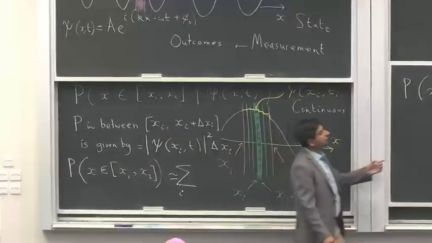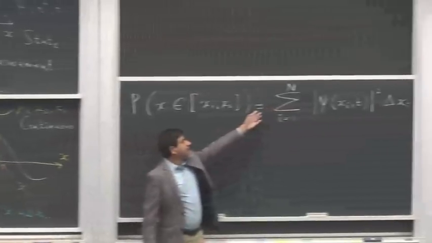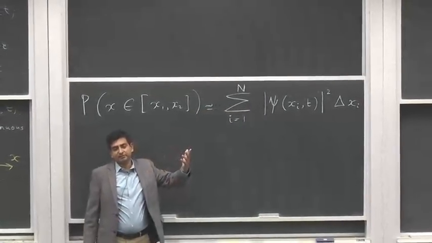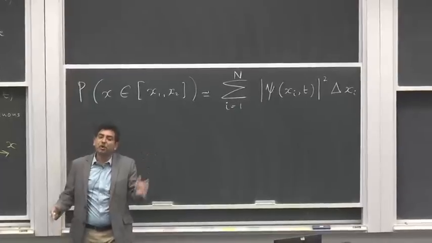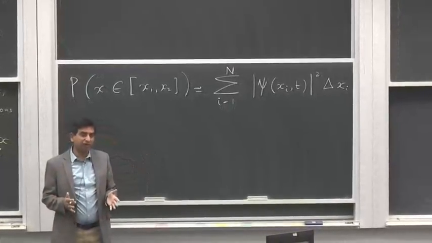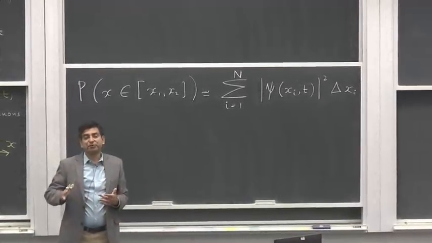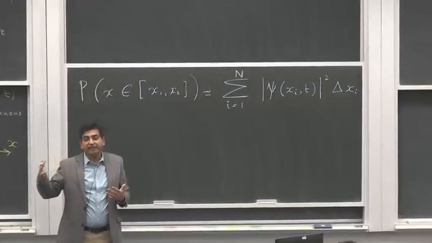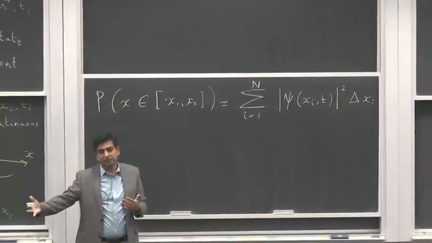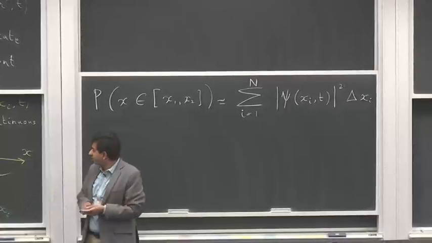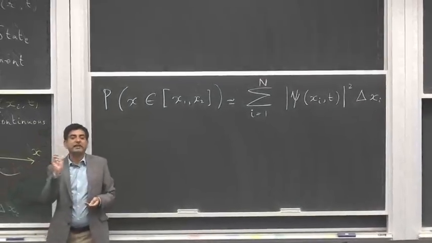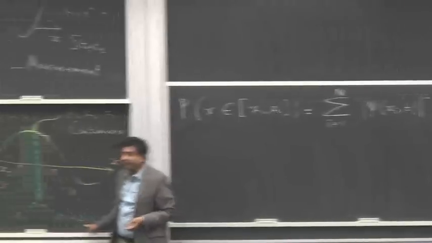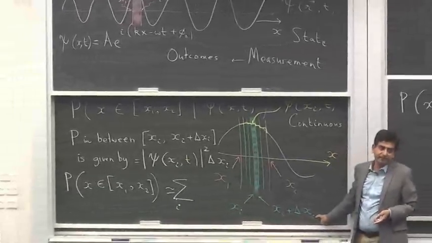Is it possible to make this approximation exact? If I make the interval smaller and smaller, my approximation approaches exactitude. So I can make these green intervals smaller and smaller, which means that I can reduce each delta xi.